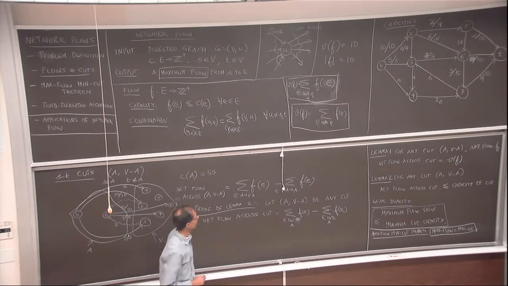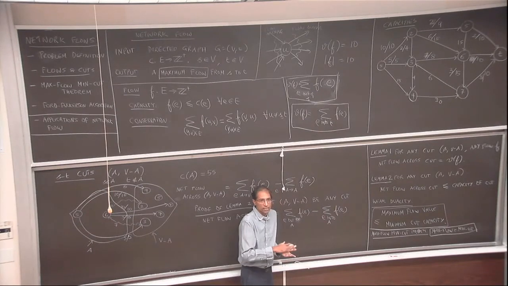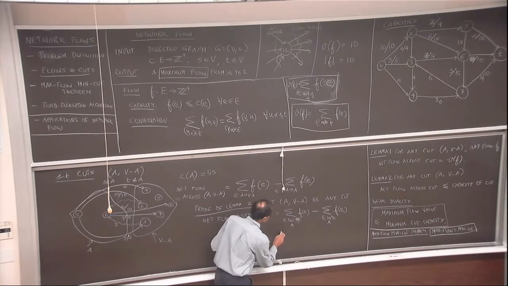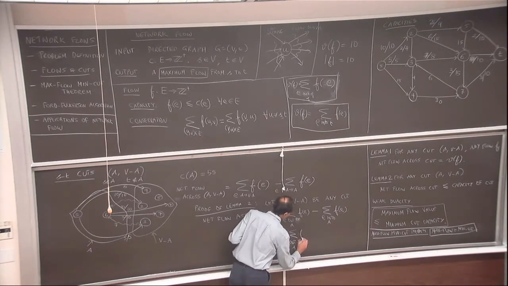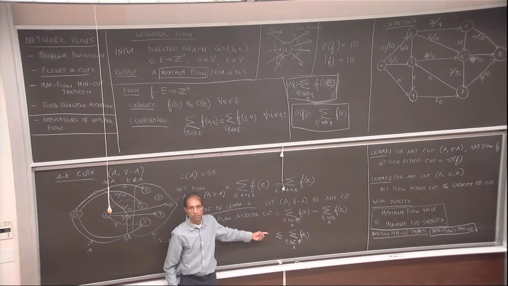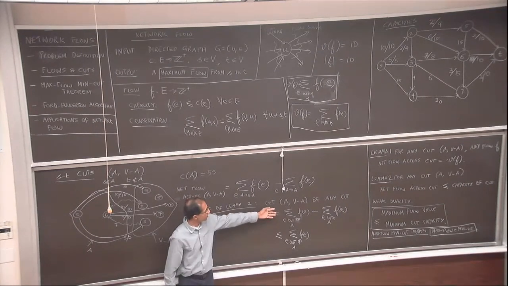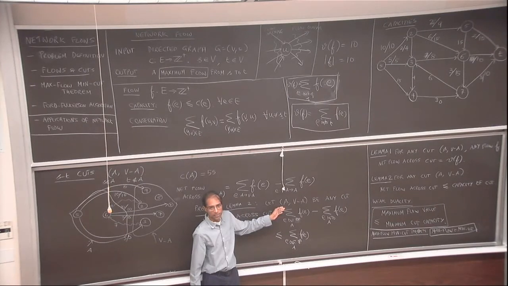Now notice that you never have negative flow. By our definition, you always have positive or zero flow. So this is less than or equal to the first quantity, you agree? Some quantity minus something else is less than or equal to the first quantity. A minus B is less than or equal to A if B is non-negative.